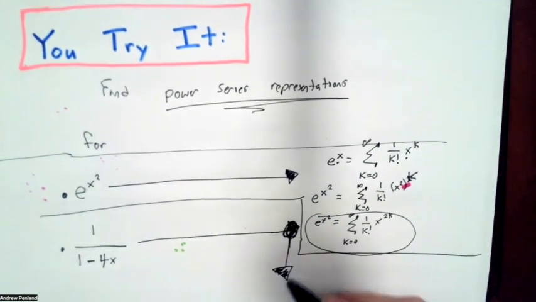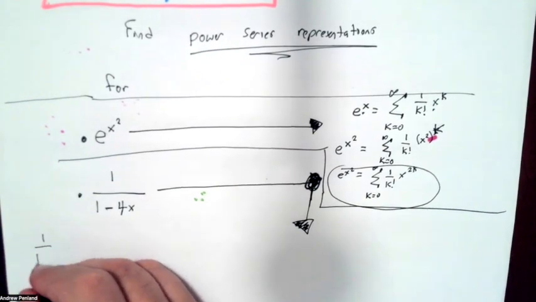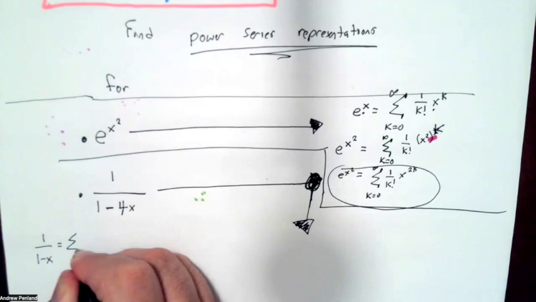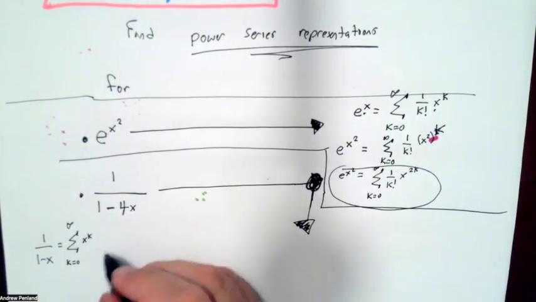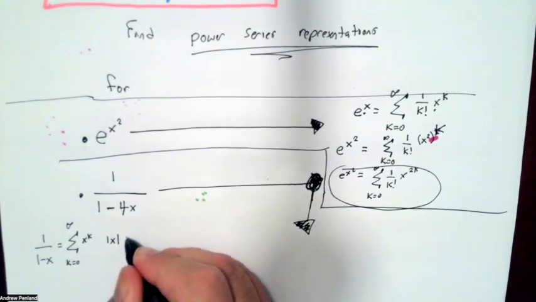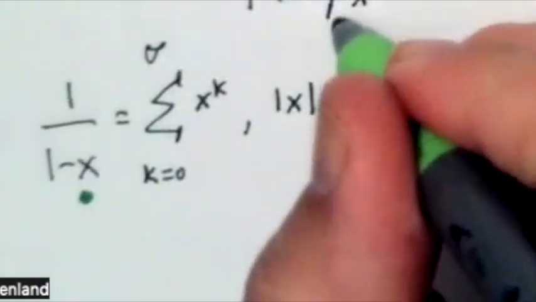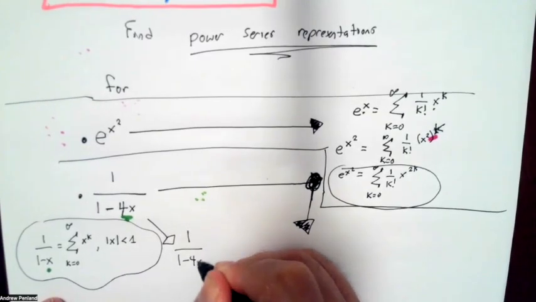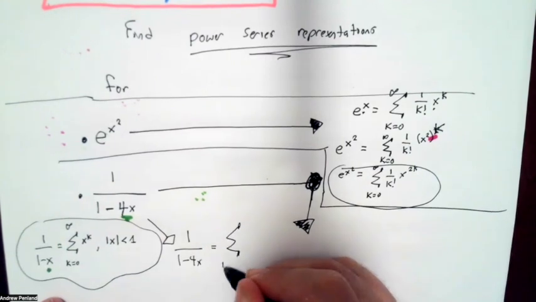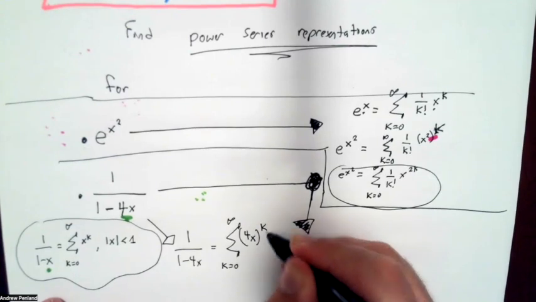Now let's look at 1 over 1 minus 4x. So again, I have to start with 1 over 1 minus x is equal to the sum from k equals 0 to infinity of x to the k, and that's valid when the absolute value of x is less than 1. So all I'm doing is replacing this x with this 4x. 1 over 1 minus 4x is equal to the sum from k equals 0 to infinity of (4x) raised to the kth power.